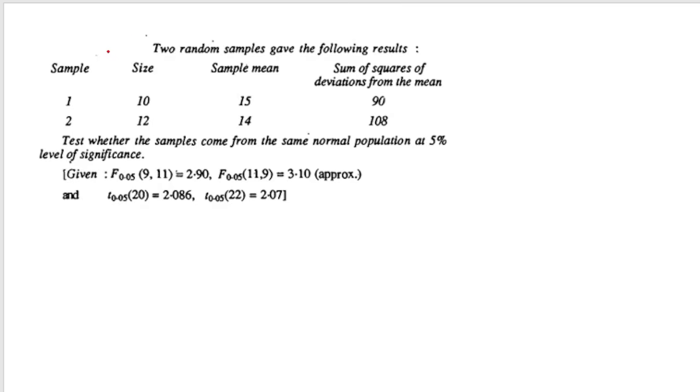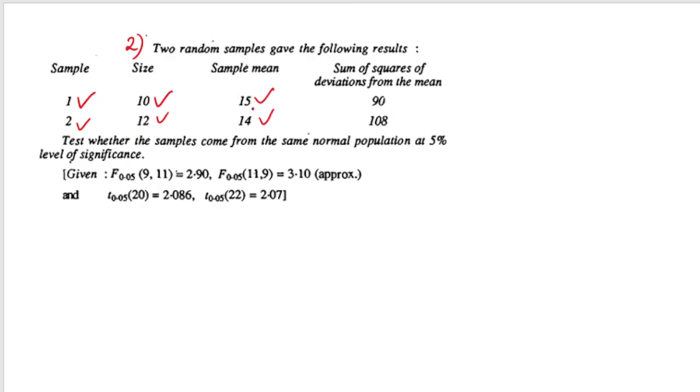Now let us look at the second problem. Two random samples gave the following result. The samples 1 and 2, whose sizes are 10 and 12, mean there are 10 values in the first sample and 12 values in the second sample, and it is also given that their sample means are 15 and 14.